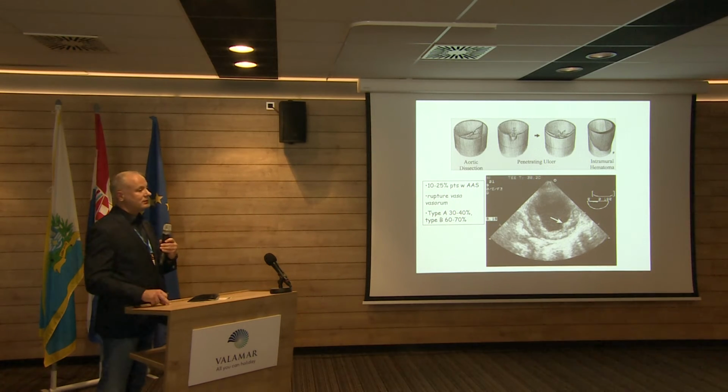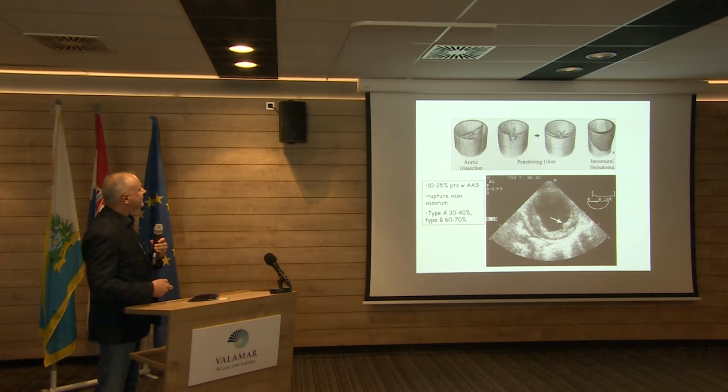Now we are going to talk a little bit about the other two entities, namely intramural hematoma of the aorta. It consists of about 10 to 25% of patients with aortic syndrome, as a consequence of rupture of vasa vasorum.